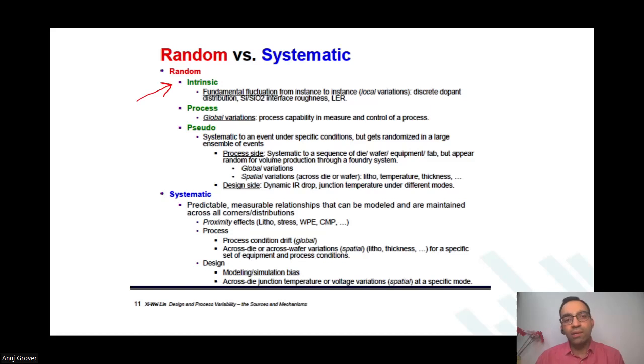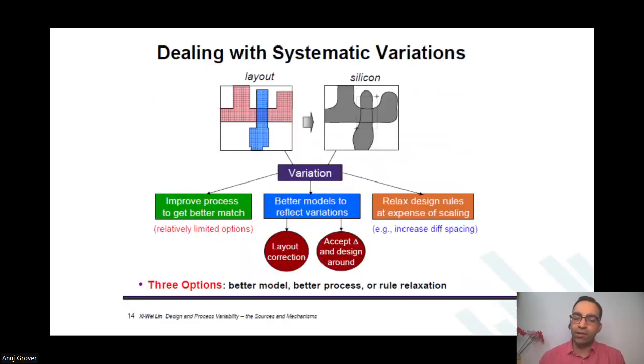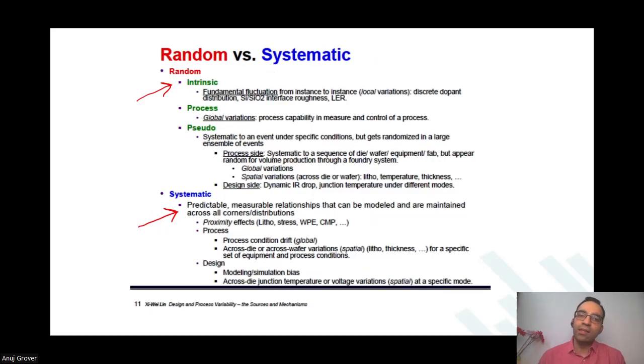So what are random variations? Random variations are variations which are intrinsic in nature. They are kind of global variations. They will appear whatever you may do. Whatever you may do, those intrinsic variations will appear.